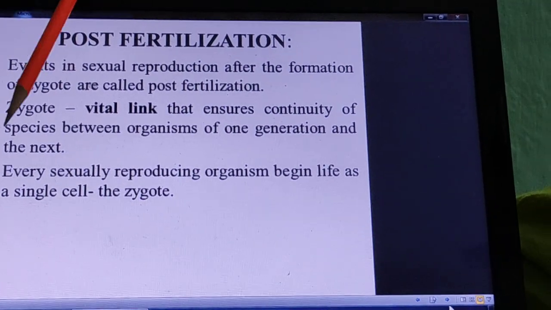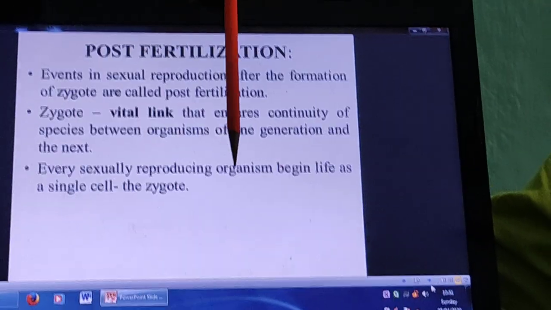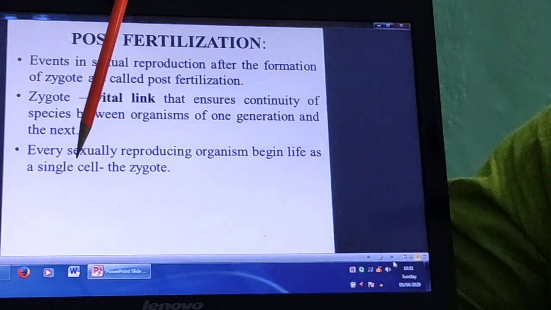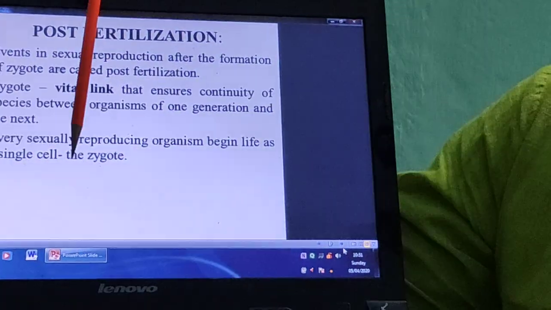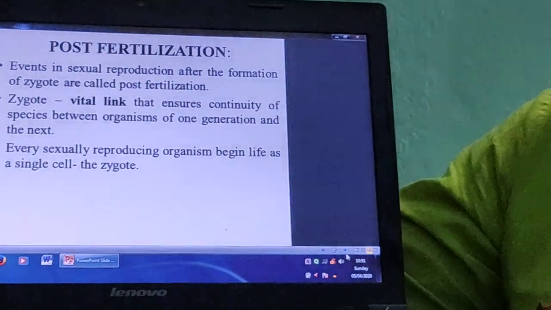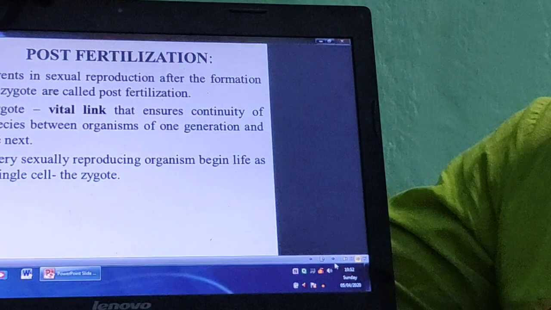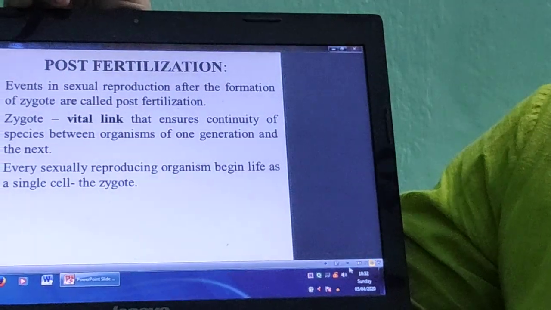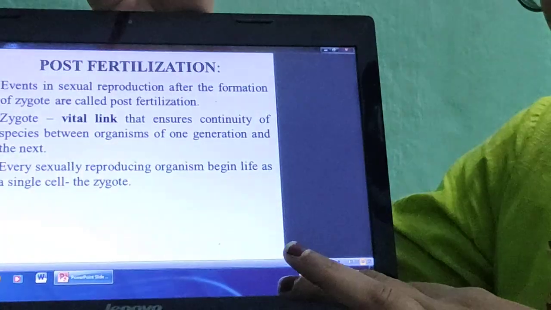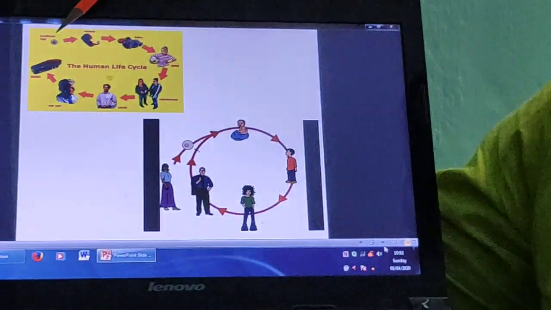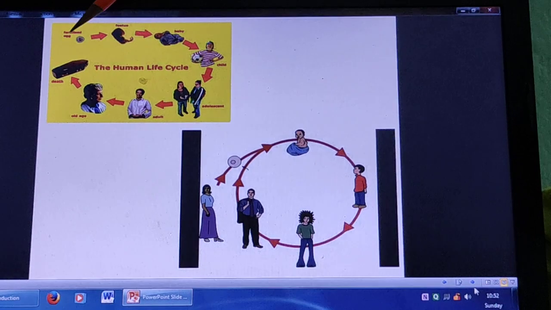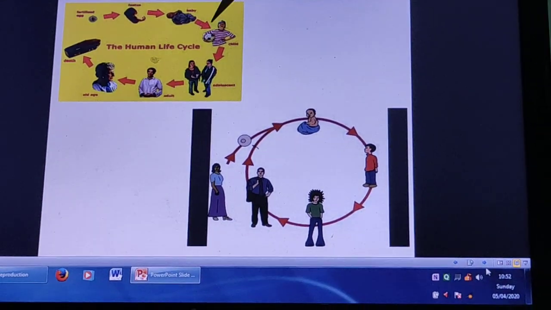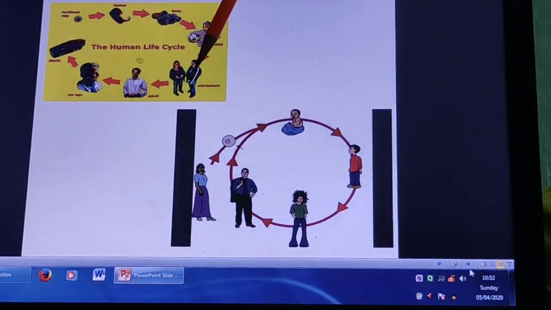Then, every sexually reproducing organism begins life as a single cell, that is the zygote. This is also important for multiple choice questions. So each and every organism starts their life from where? From that single cell structure. This single cell structure develops to the whole organism.